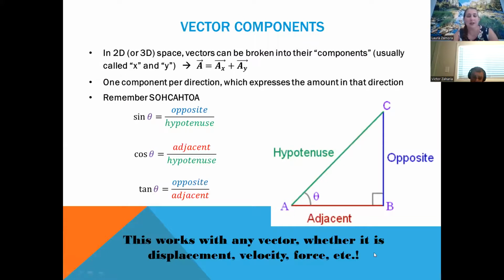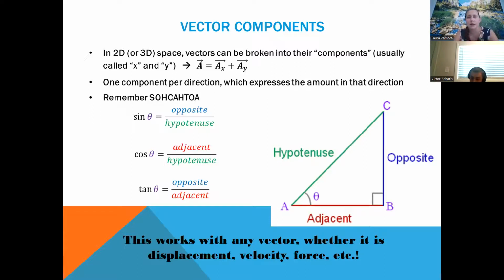So like I was saying, vector components show us how much of the vector is going horizontally or in the x direction, and how much of the vector is going vertically in the y direction. So when we're dealing with 2 dimensions or 3 dimensions or any number of dimensions, we can break these vectors down into their components. And usually we'll call those x and y components, or x, y, and z if we're in 3 dimensions.